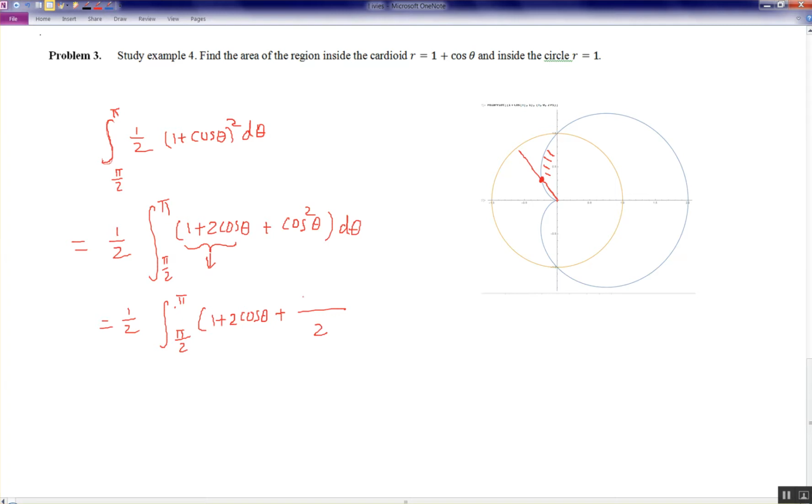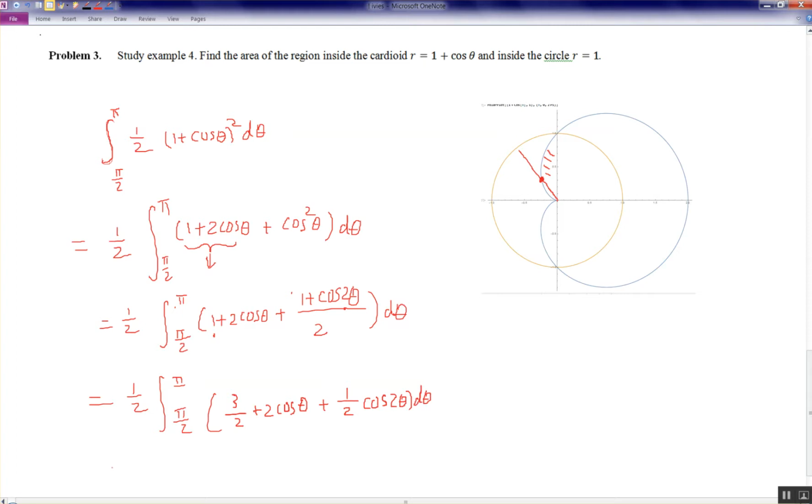So it will be half of 1 plus cosine of double this angle, which is 2 theta in this case, d theta, from pi over 2 to pi. There's a 1 here, and this is the 1/2, so combined we have 3 halves. This is 2 cosine theta, and we are left with the very last piece, half of cosine 2 theta d theta.